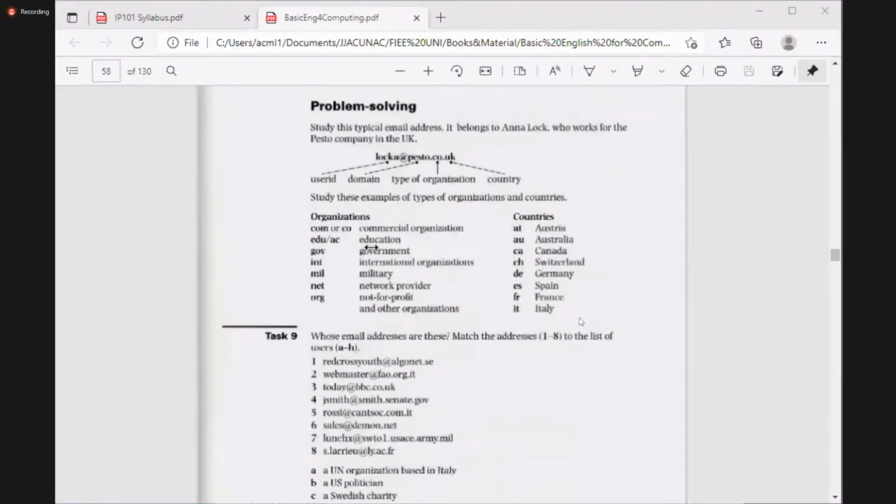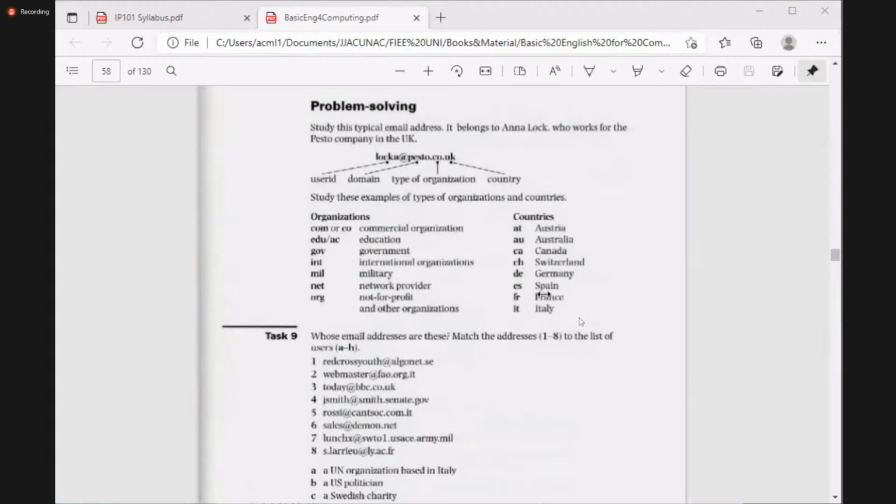INT, international, MIL, military, NET is network provider, or any non-profit organization. In the case of countries, AT Austria, AU Australia, CA Canada, CH Switzerland, DE Germany, ES Spain, FR France, IT Italy, and Peru is PE, as we know.